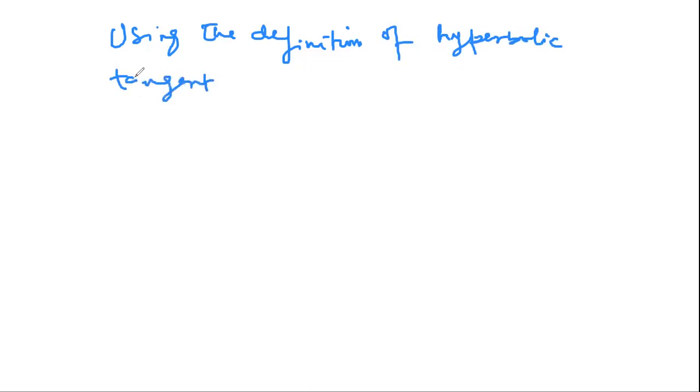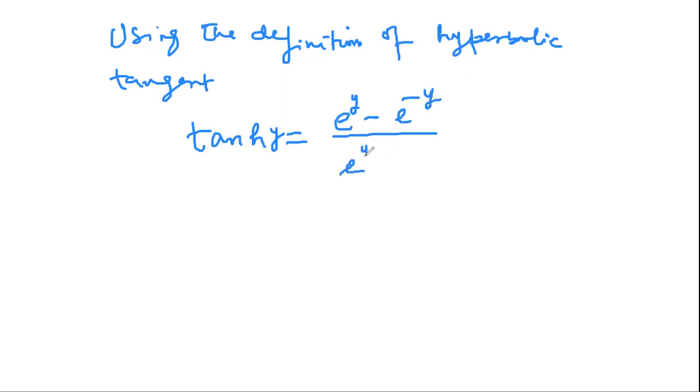Tan hyperbolic of y is e raised power y minus e raised power minus y over e raised power y plus e raised power minus y.